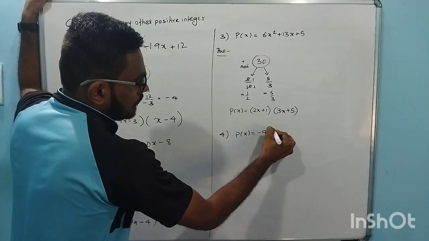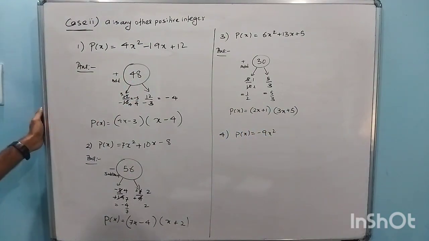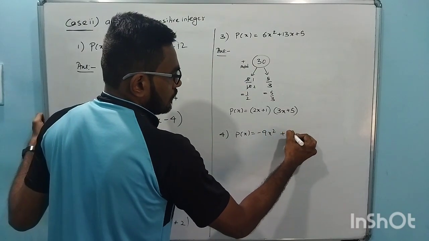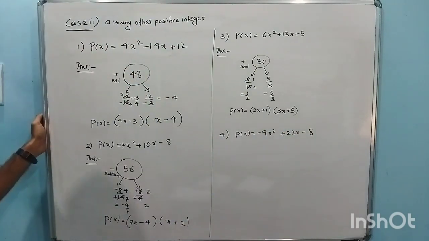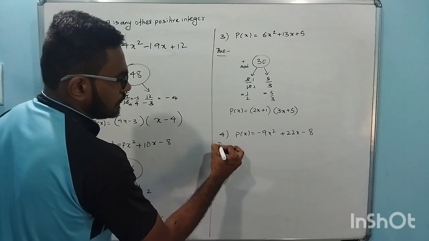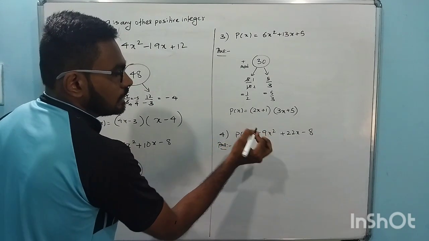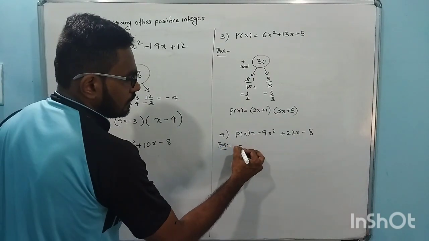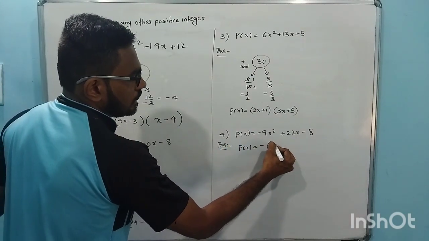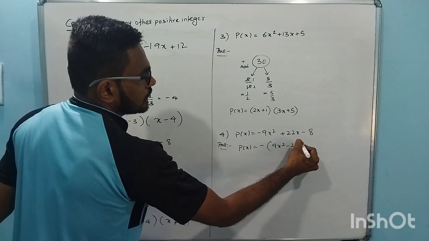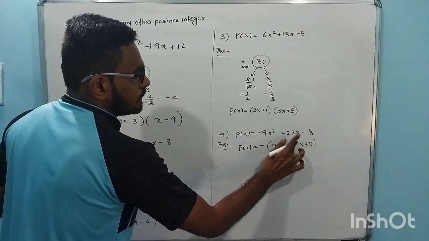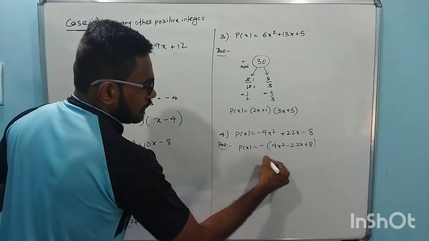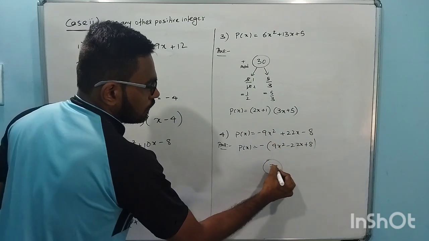Fourth one, minus 9x square plus 22x minus 8. So first step, since this is negative now, we'll take that common out. So what we'll get? Minus 9x square minus 22x plus 8. Then we'll solve. That means first 72.